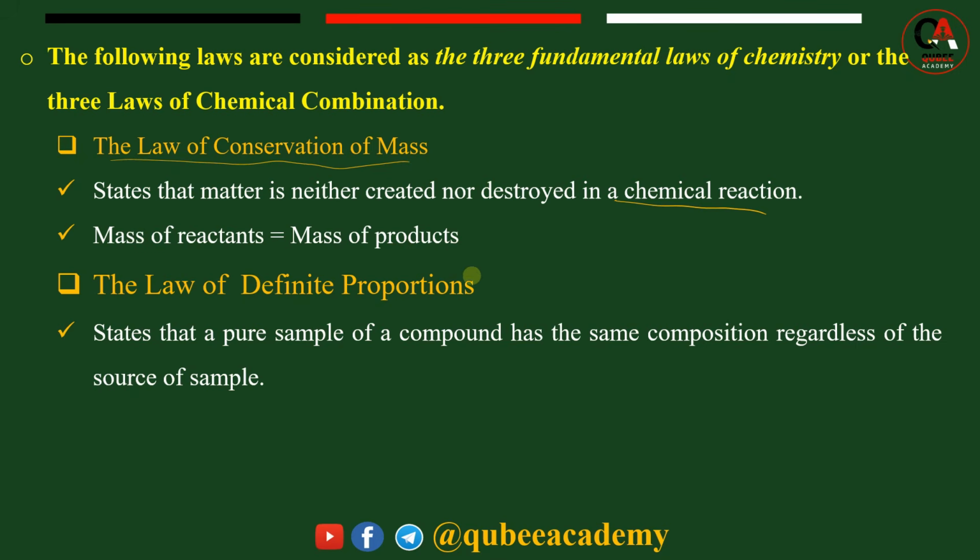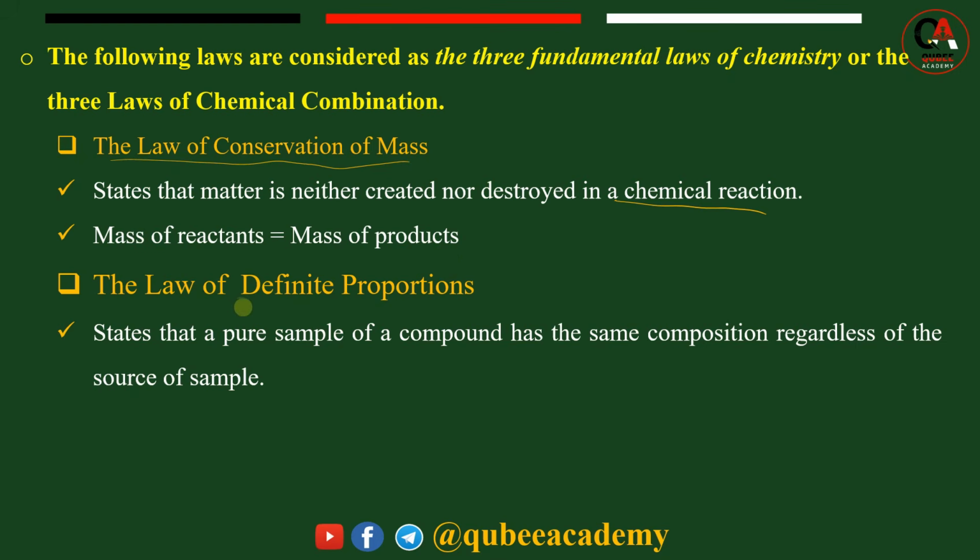Fakkeenyaatiif if sodium reacts with chlorine, sodium and chlorine are what? Our reactants. The mass of sodium plus the mass of chlorine must be equal to the mass of the product formed, the sodium chloride produced. Ta'uu qaba gaafa jennu akka kana jechuudha.